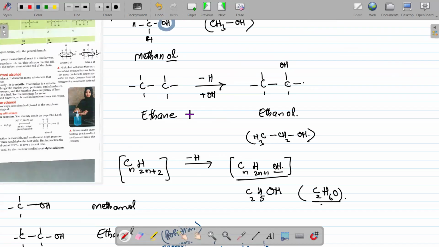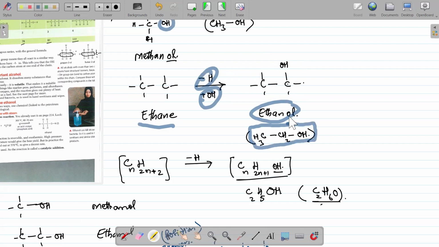If one of the hydrogens is replaced by the OH group, not a specific hydrogen but any one, ethane will convert to ethanol. This is the displayed formula, and this will be its structural formula, isn't it?